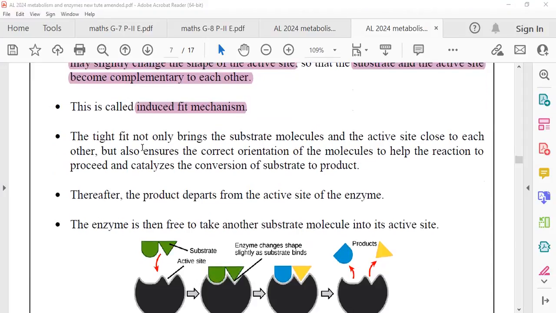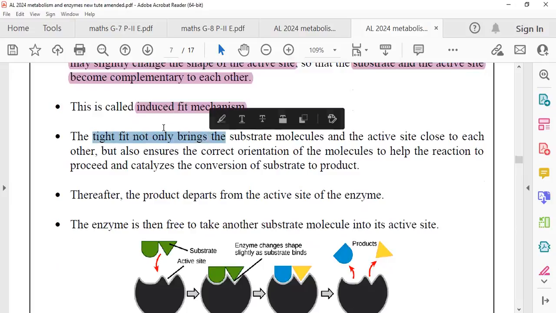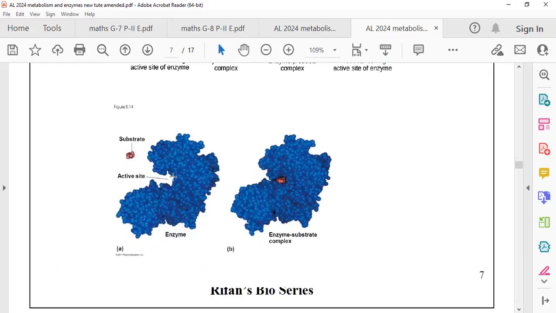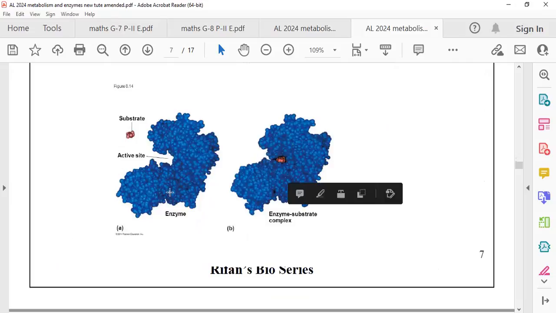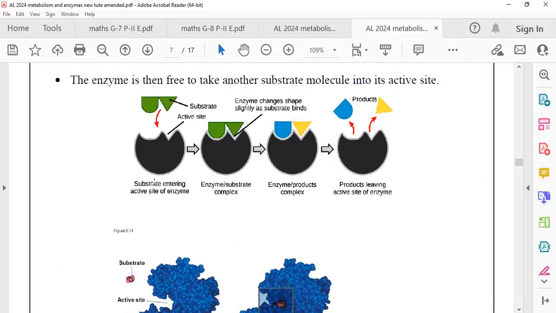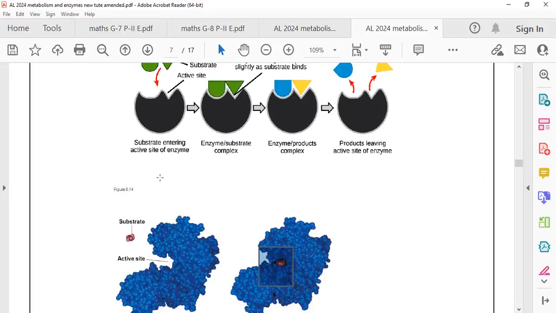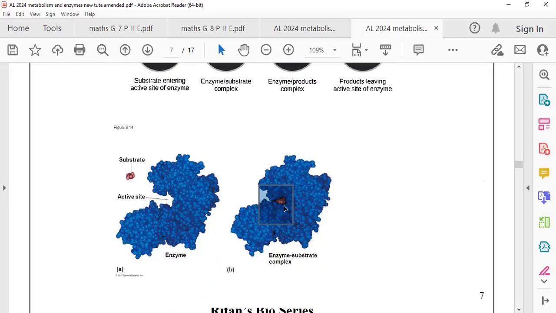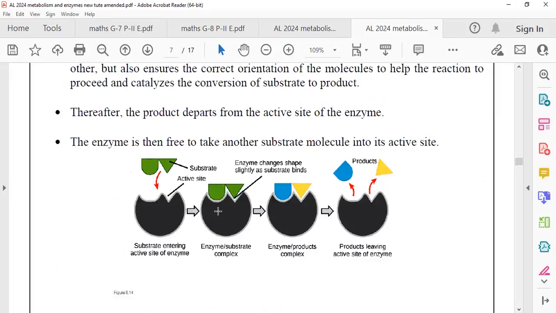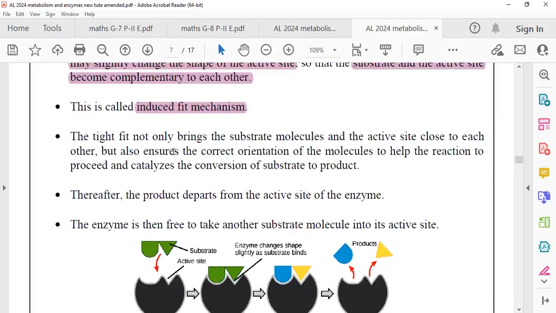The tight fit is now there because of induced fit. Can you see the substrate and enzyme now tightly fitting? Correct? They are tightly fitting. What are the benefits of this tight fit?